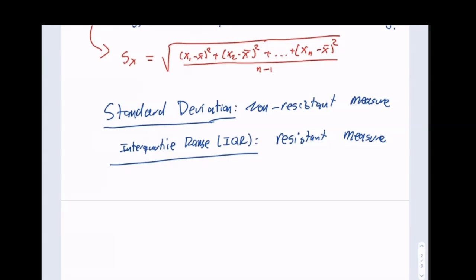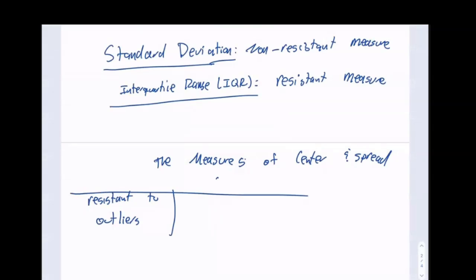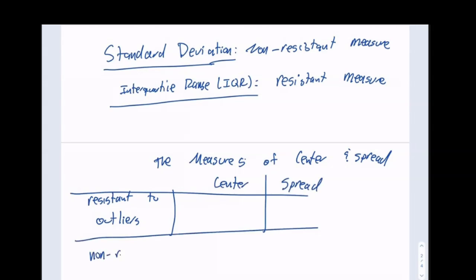So when we talk about the measures of center and spread, we have those that are resistant to outliers, and we have those that are non-resistant to outliers.